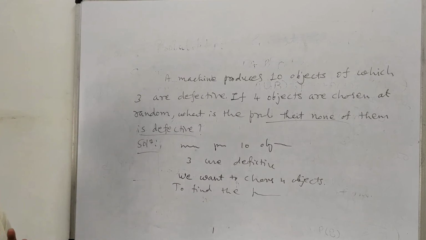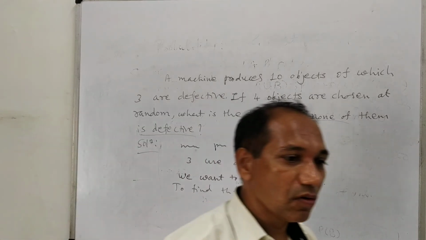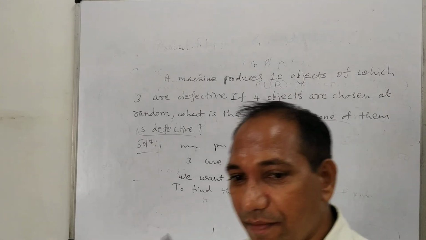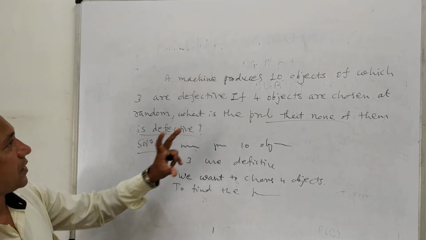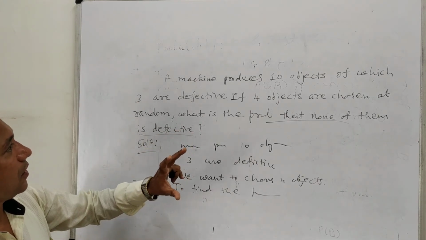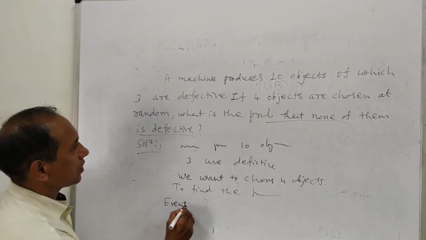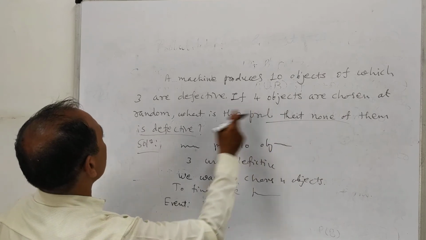So here, by the definition of probability, we require to know 2 things: the number of elements in the sample space and the number of elements in the event E. So what is the sample space? First we focus on the event. Event is what? 4 objects are chosen at random.